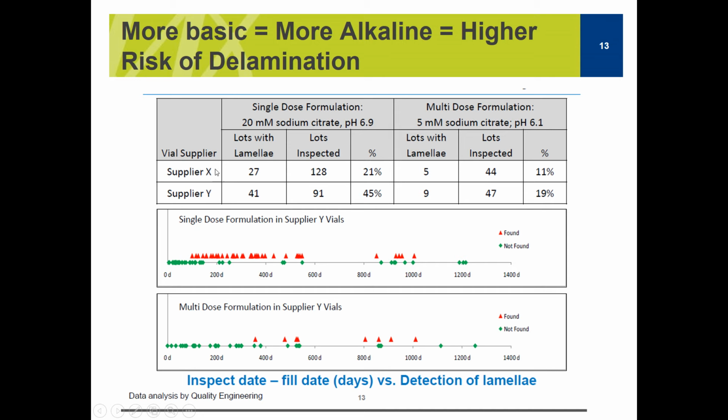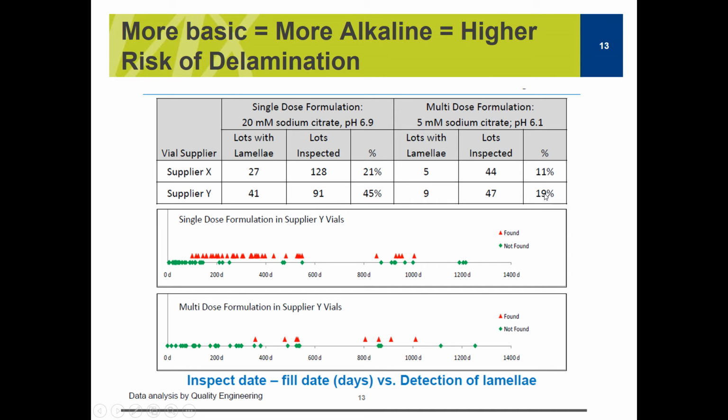And we got vials from two suppliers, supplier X and supplier Y. And if we take a look at the percentage of vials that contain lamellae or experience glass delamination, we're going to see 21% and 45%. But if we decrease the pH, that percentage goes down to 11% and 19%.